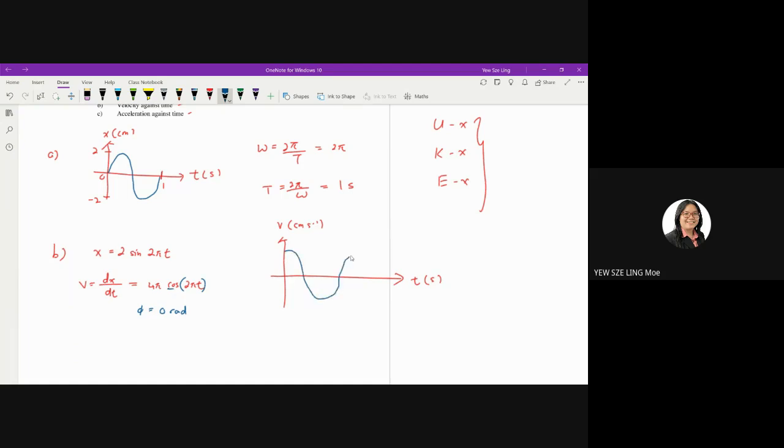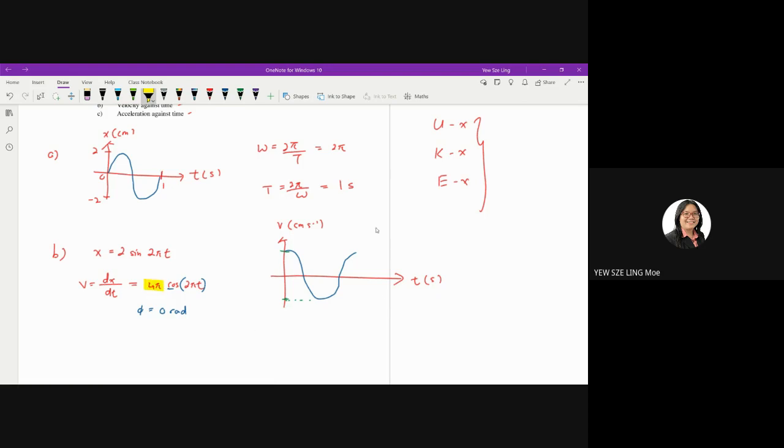Now the next question would be, what should we put as the maximum value in our graph? This is a very common mistake in the exam. Students often put A in the graph, which is wrong. When it comes to a VT graph, it is no longer A. You have to put A omega, because now the value in front of the trigo function is A omega.